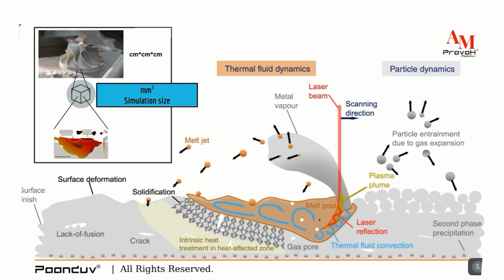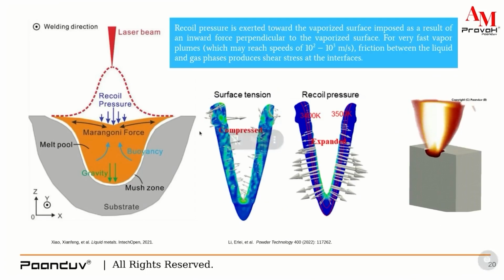Now, before going further, it is important to understand what the responsible forces are for the melt pool and fluid flow to happen. When the vapor is ejected out from this system, it impinges a recoil pressure onto the substrate, onto the liquid metal, in the downward direction.